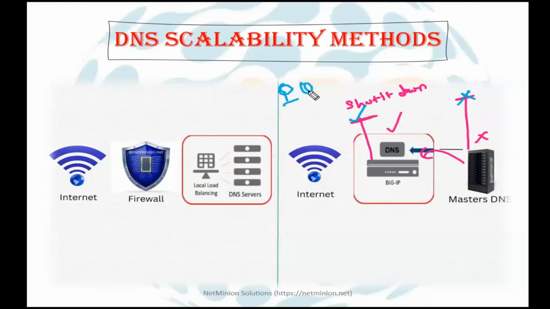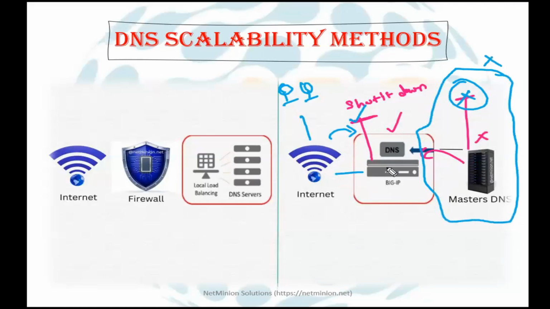Now all the clients which were using this IP will be shifted to the DNS. Getting my point? So that way, we can even remove this part. Only one DNS is required. Fine. Not one DNS, two DNS for your redundancy, I forgot that name, residency. So for redundancy, you can have more than one, but yes, that would be the design.